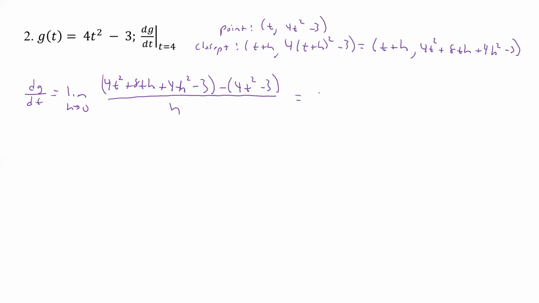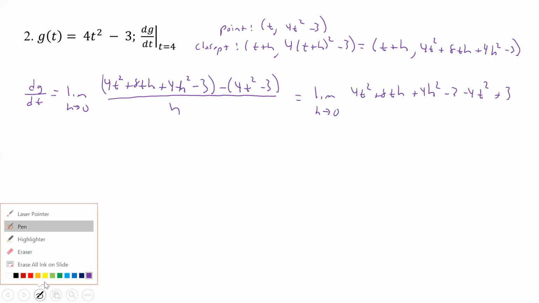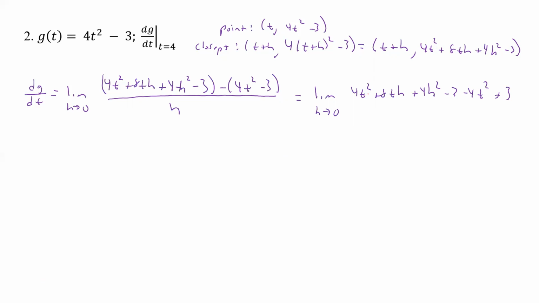Now let's convert that on top into just a pure subtraction by removing all parentheses. And so it's 4t squared plus 8th plus 4h squared minus 3 minus 4t squared plus 3. Okay, now, can we get rid of anything? Looks like 4t squared minus 4t squared, and minus 3 plus 3. And then we're left with that, and it's all over still h.